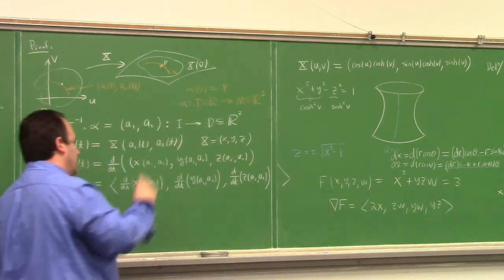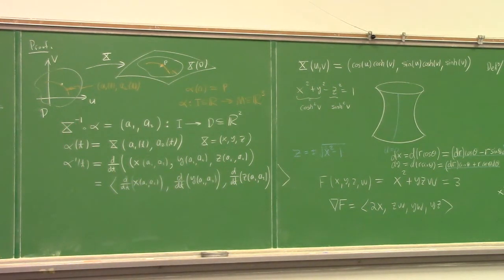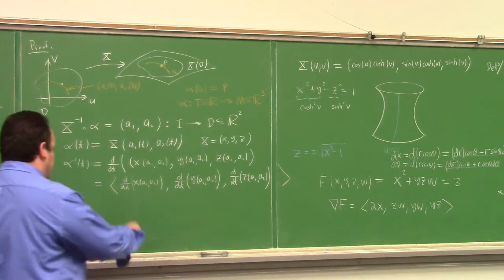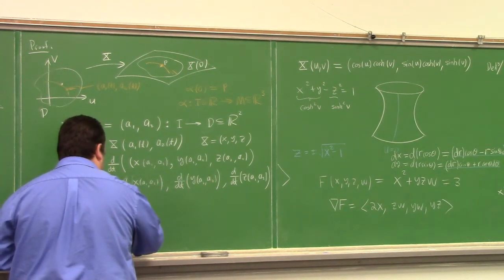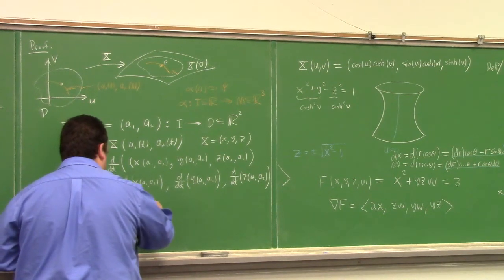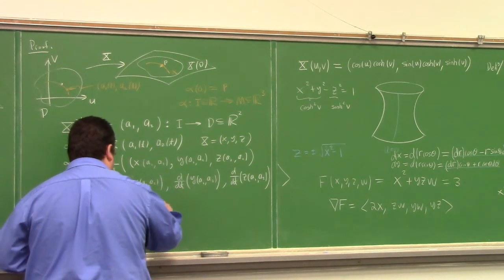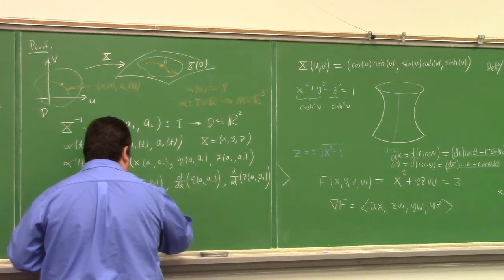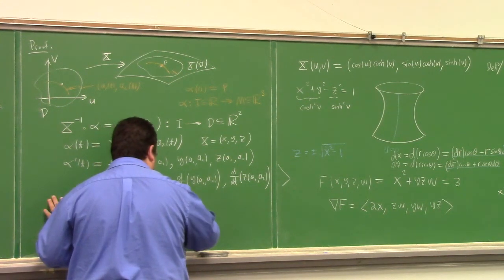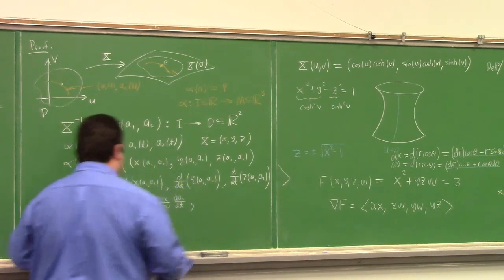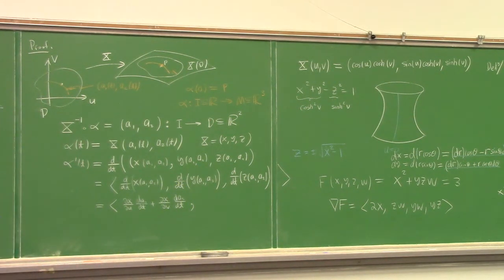And so for each one of these, I have to do the chain rule. And the chain rule here is the following. It's partial little x partial u dA1 dt plus partial little x partial v dA2 dt, comma, the same with x replaced with y, and then again with x replaced with z.